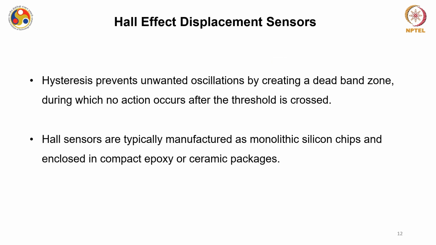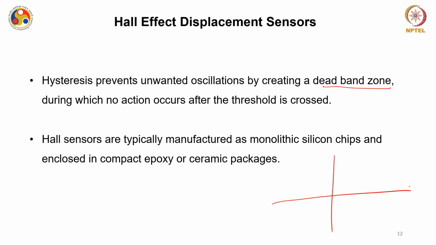This hysteresis prevents unwanted oscillation by creating a deadband zone during which no action occurs after the threshold is crossed. If you remember, we have already discussed the deadband zone in our discussions on the different primary or static characteristics of a sensor.